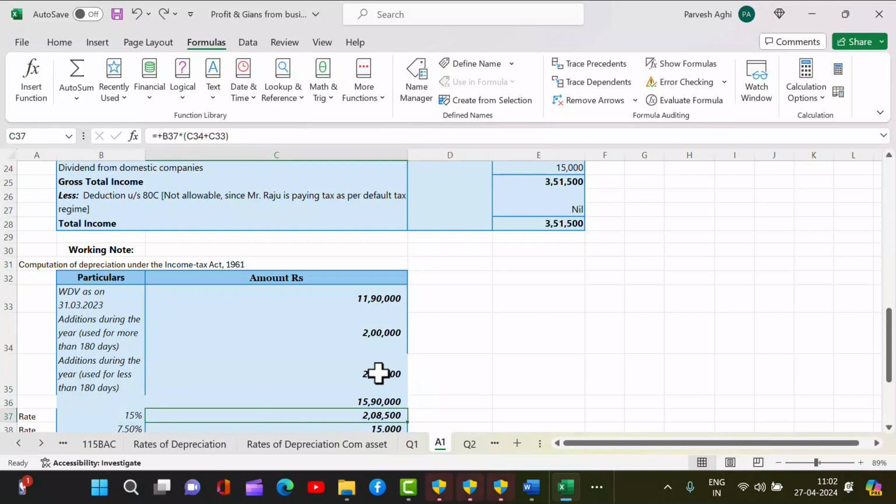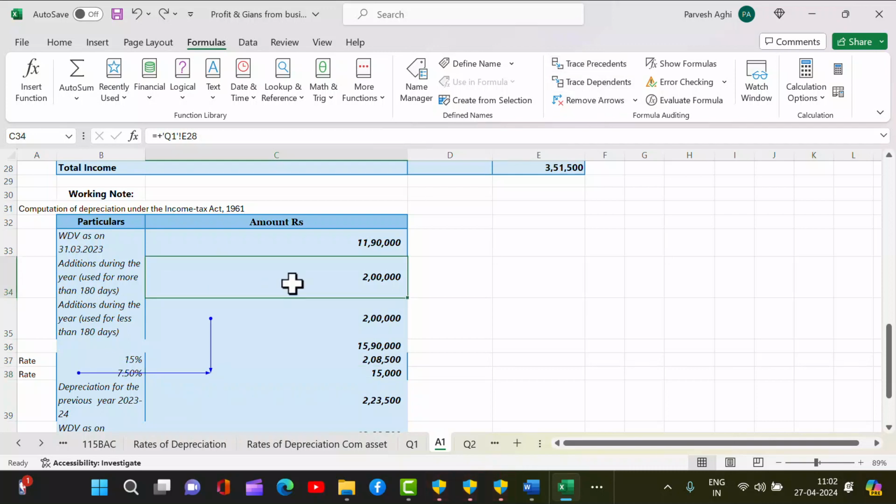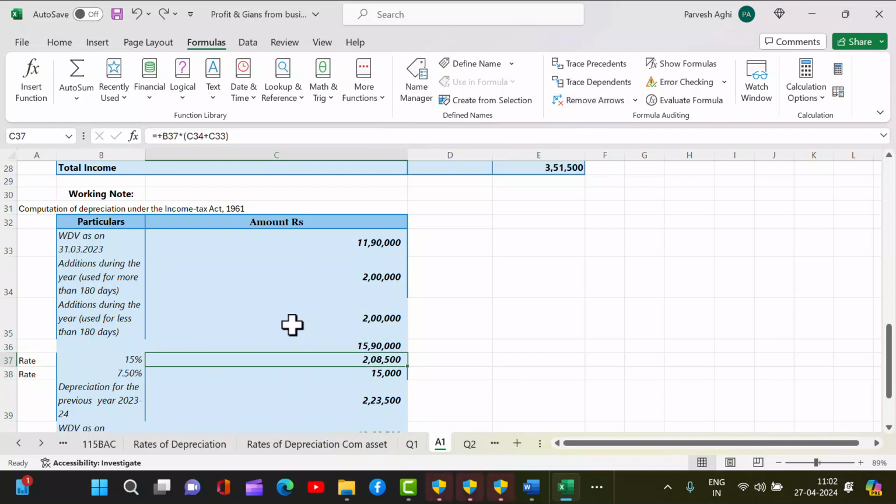So we have calculated the depreciation on two bases: one on 2 lakhs at 15%, another 2 lakhs at 7.5%. Is that clear? Because this 2 lakh was used for more than 180 days. This was for less than, this was for more than, and this was for less than.